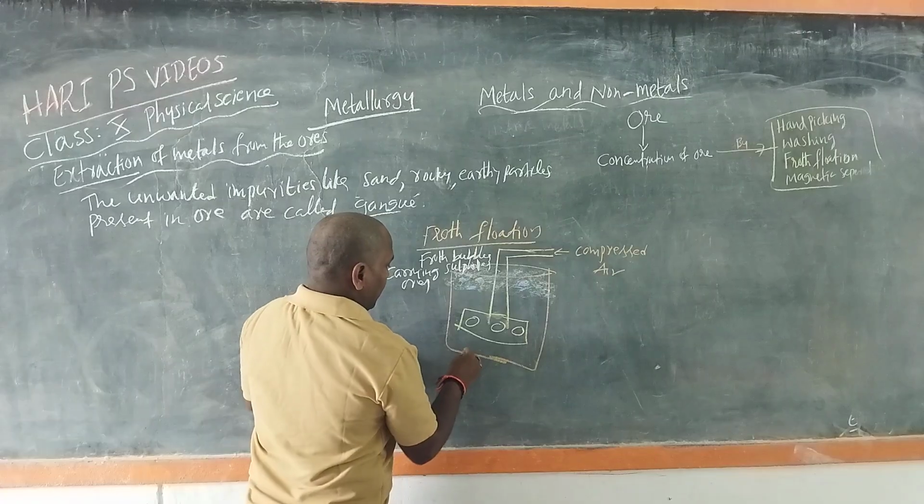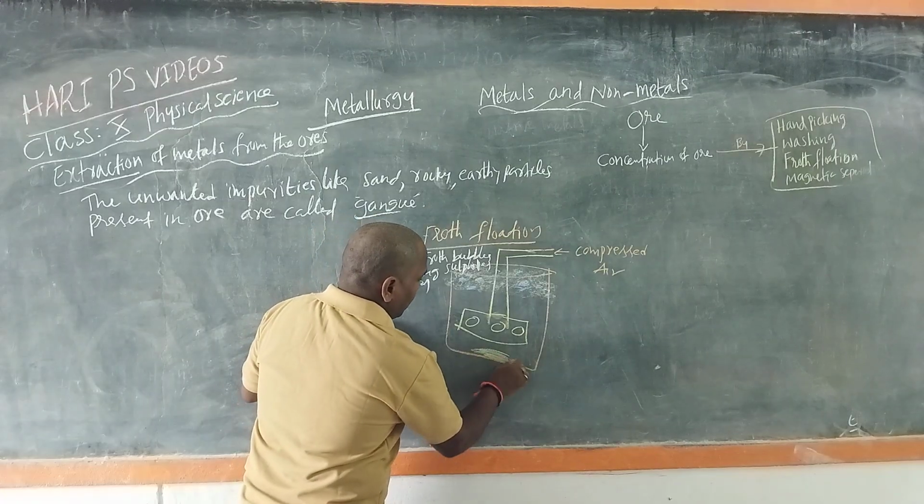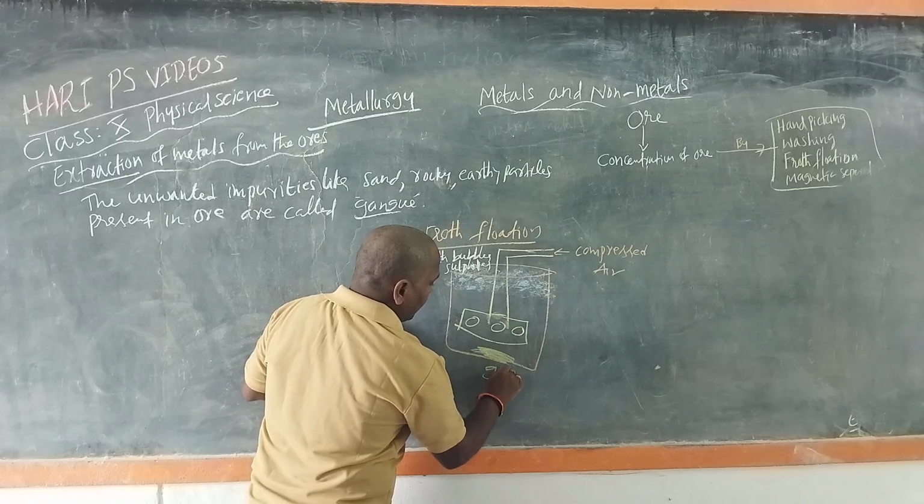Then here the gangue is formed. The gangue settles downward.